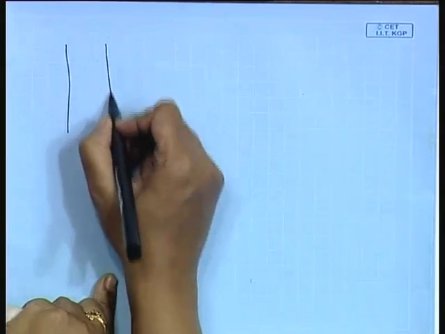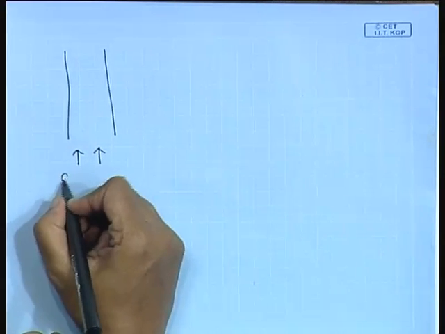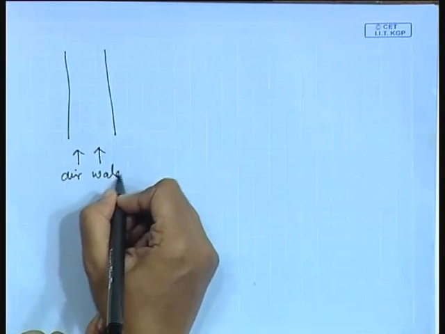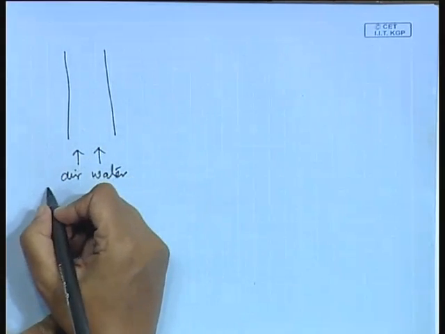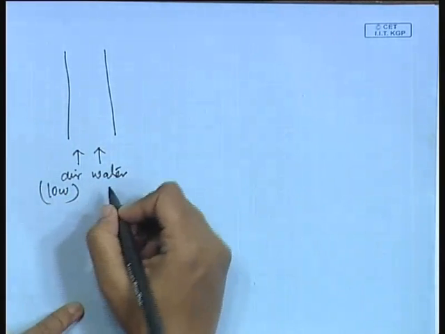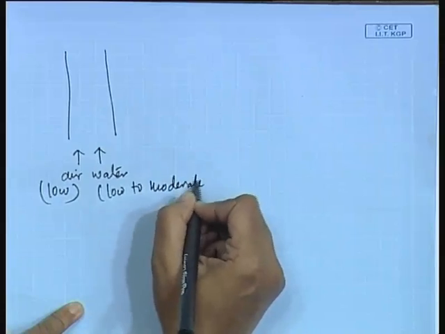For a vertical tube, suppose we introduce any gas and liquid, we take for the time being air and water being introduced here. Okay. Now, we have very low air velocity and low to moderate water velocity. What do we expect?